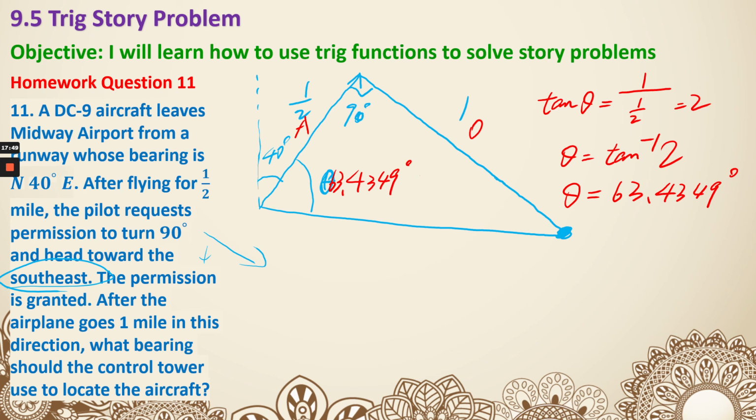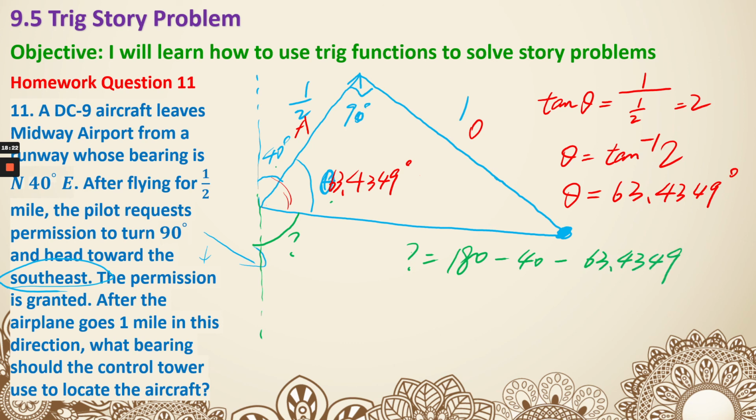However, it's asking you to find the bearing. And since we clearly can see this whole angle is going to be more than 90 degrees away from the north, that means we need to actually go from the south. So in this case, I'm going to extend the line. So this is my south, and I'm trying to find what this angle is so that I can write the bearing. And if I know that's 40, that's 63.4349, I can use 180 minus 40 minus 63.4349.